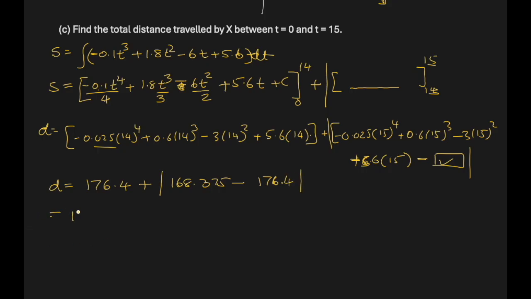So we get 176.4 plus the absolute of minus 8.025. Because of this absolute, we knew that it will be negative, so we have to make it positive. We have to add it actually, because distance is asked, not displacement.